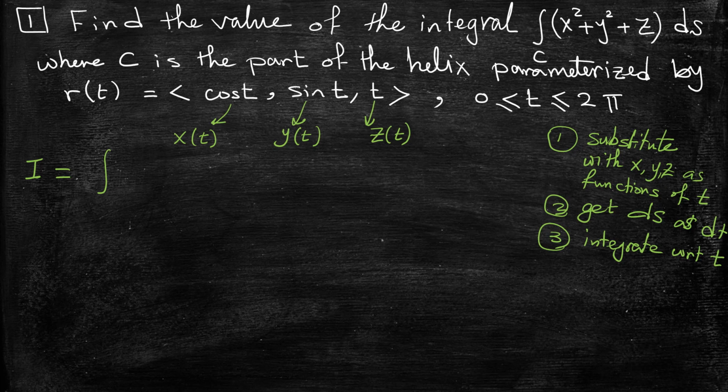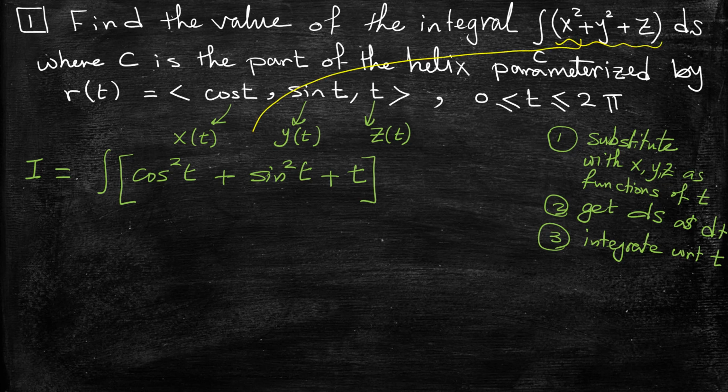So here this integral will be x squared, which is cosine squared t, plus y squared, which is sine squared t, plus z, which is t, and again this is nothing but substitution.